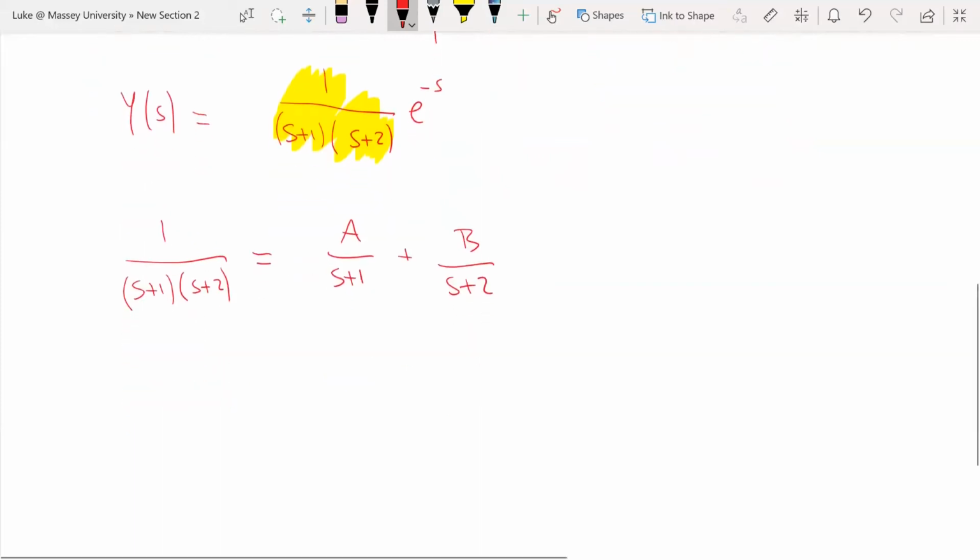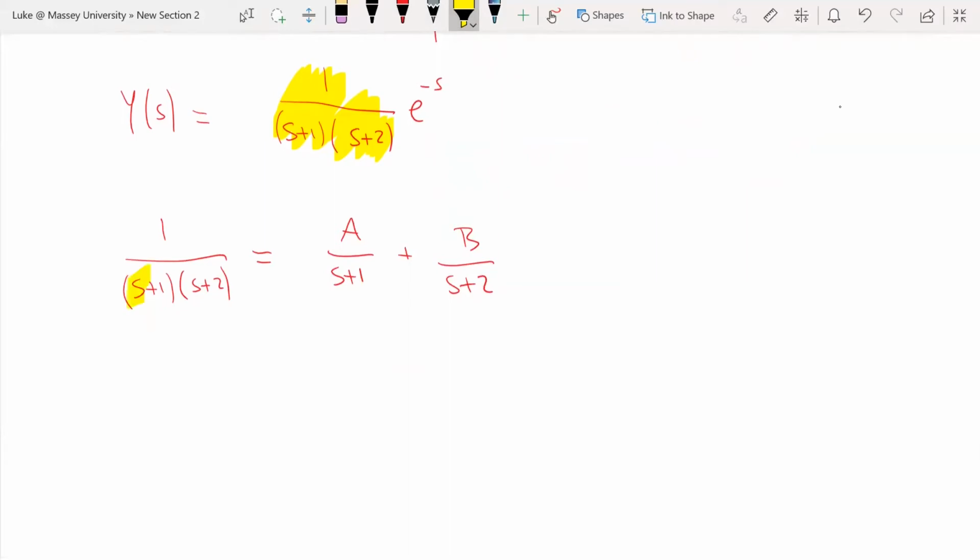We're going to multiply both sides by this denominator. On the left hand side I simply get 1. On the right hand side, the s plus 1 is going to cancel for A, so I'm just going to get s plus 2. And similarly for B, the s plus 2 is going to cancel, and I'm just going to get s plus 1.